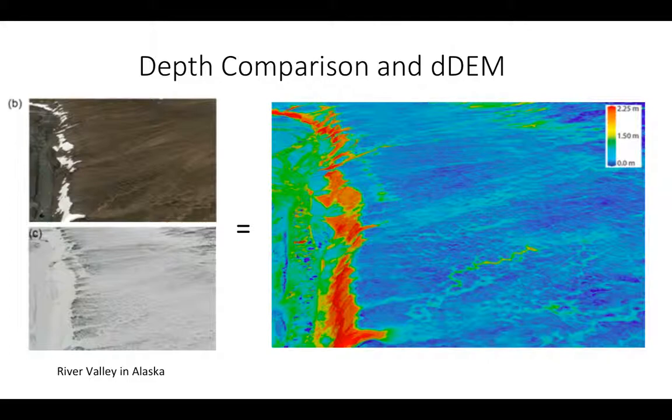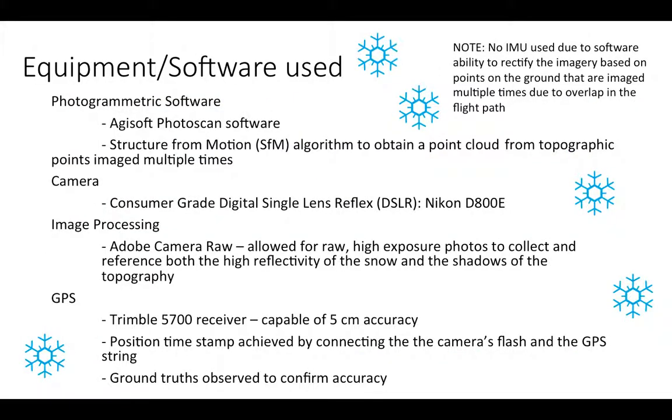But when you start going into the river valley, you start getting a buildup of up to, I think on the right it says, 2.25 meters of snow along the edge of the river valley. So that's the basis of this research.